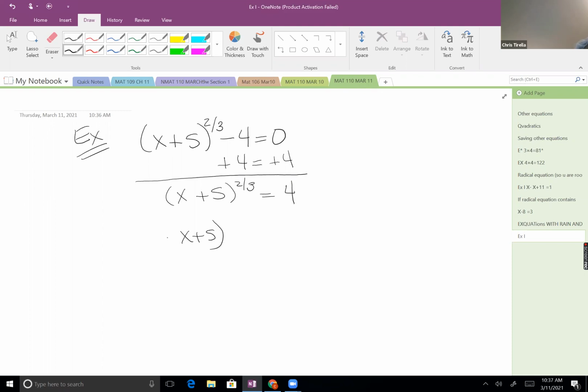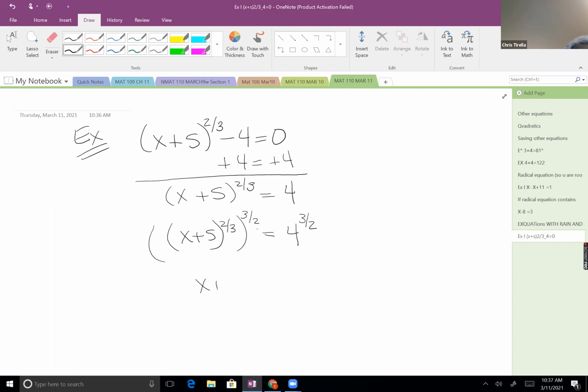And then to get rid of that rational exponent, I'll raise both sides to the reciprocal power. On the left, when I raise a power to a power, I multiply those exponents. And when I multiply reciprocals, I get 1.